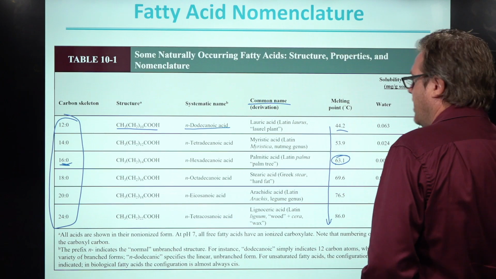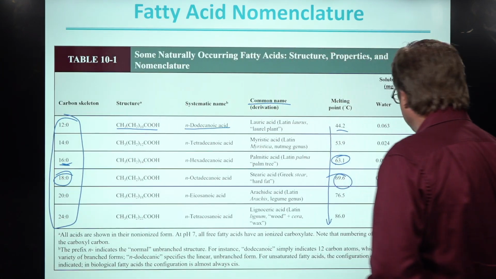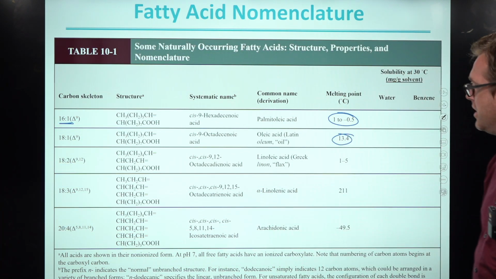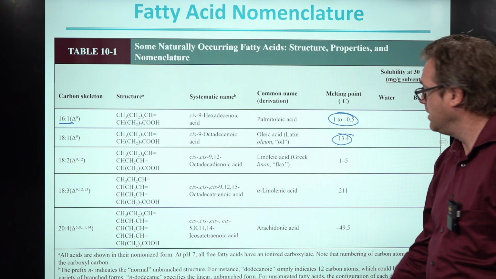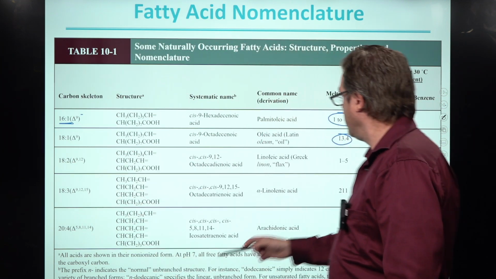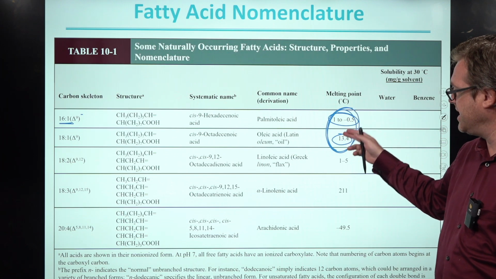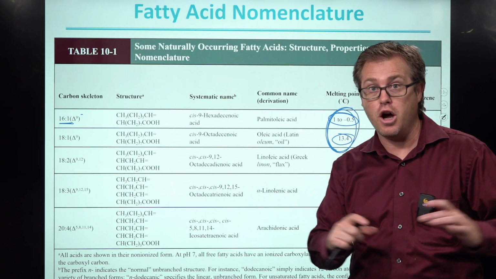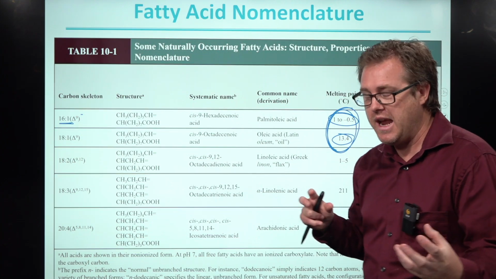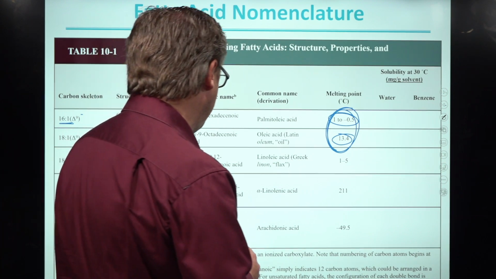And you can see that all the way through pretty much. 18 carbons, 69 degrees. You add a double bond, goes to 13. But notice, when you compare 16 with one double bond and 18 with one double bond, look at their melting temps. Why did they increase from 16 to 18? More carbons, longer chain. Right? So even with double bonds, the longer the carbon chain, the higher the melting temperature is going to be.